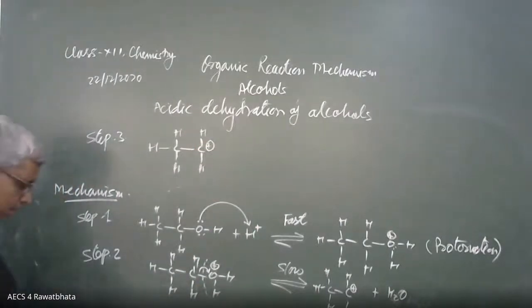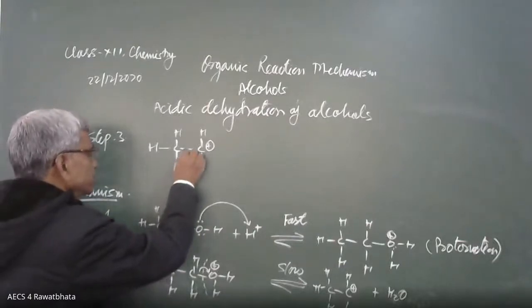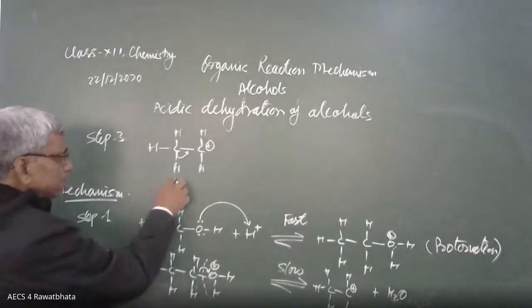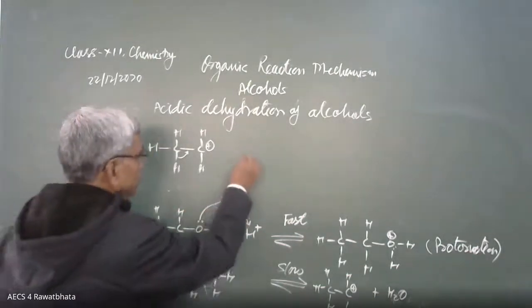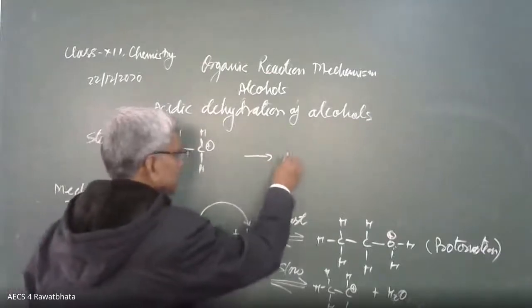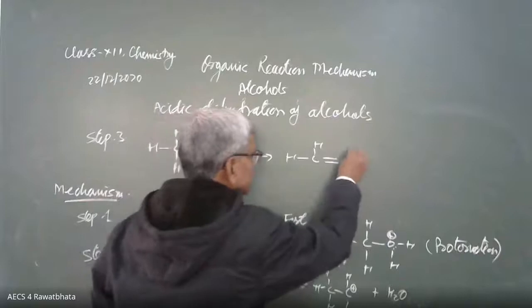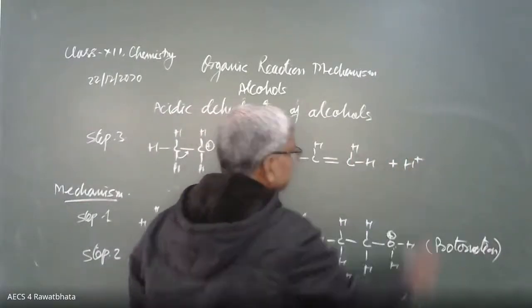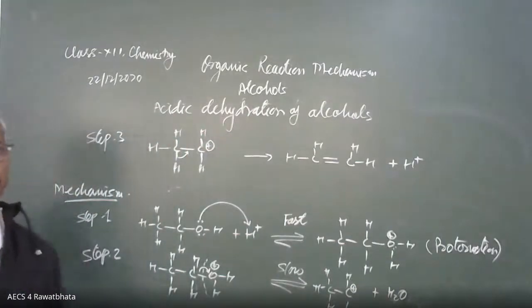The electron from here is transferred to this side, and this H positive comes out from here and goes to form the product. Here is H, here is double bond C, here is H, here is H, plus H positive. We are going to get alkene.